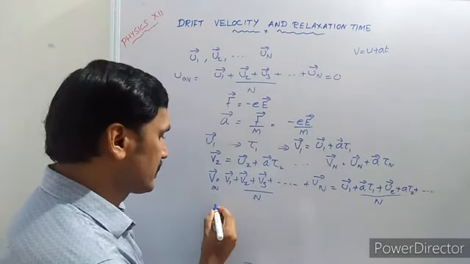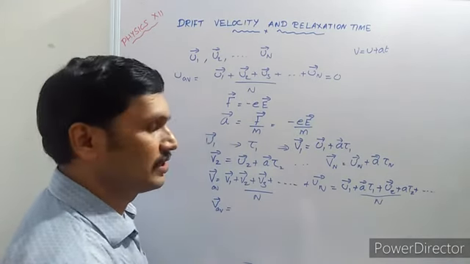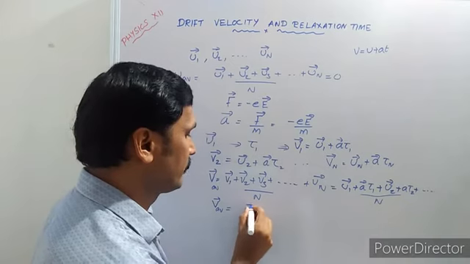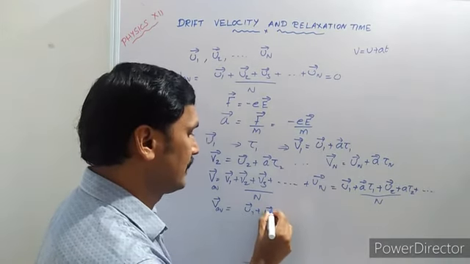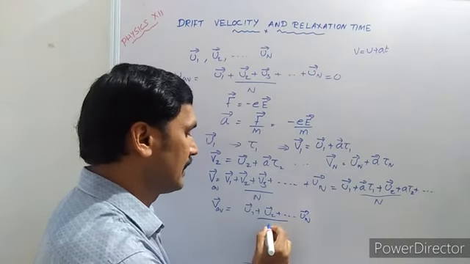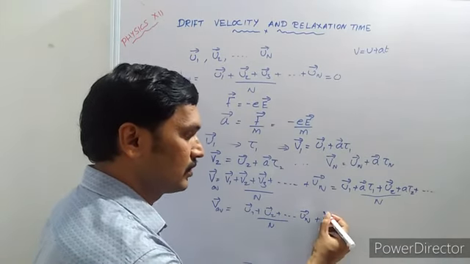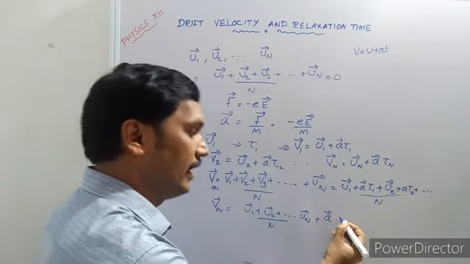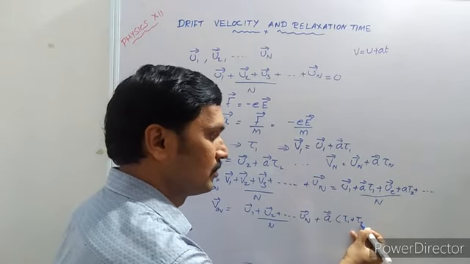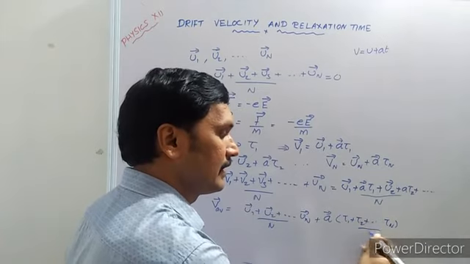Now we can rearrange that equation. V average is equal to u1 plus u2 plus etc. up to n electrons by n, plus a into, taking acceleration as common, tau 1 plus tau 2 plus up to tau n, by n.